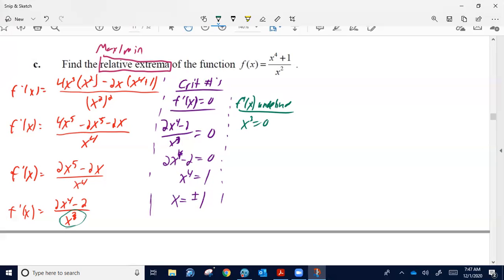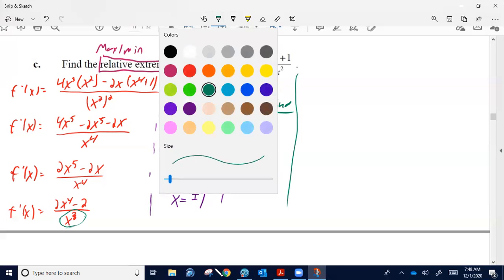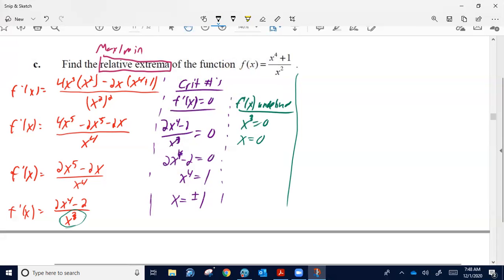So x cubed equal to 0. Bottom of the fraction equal to 0 is going to be a critical number. It's where the derivative is undefined, so x equals 0. So now we have several critical numbers, -1, 0, and +1.